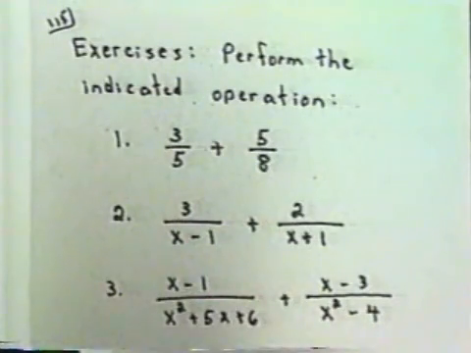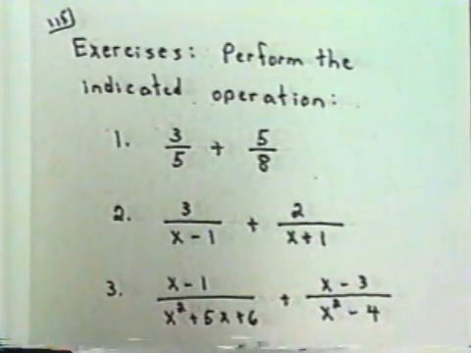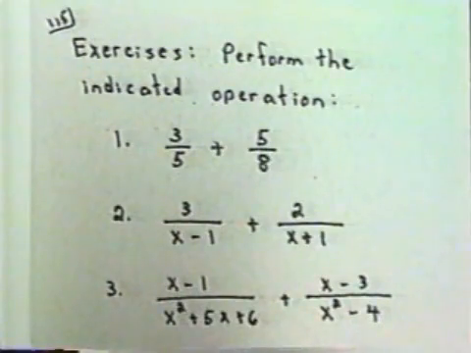I'm going to start you with a common fraction, just to make sure you remember how to add common fractions. Number 1, 3/5 plus 5/8. Number 2, 3 divided by x minus 1 plus 2 divided by x plus 1.